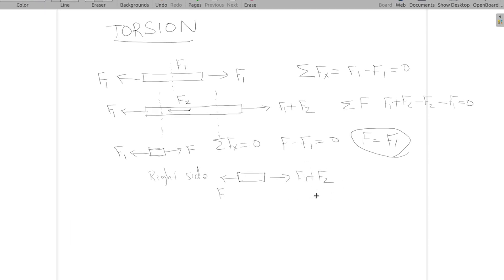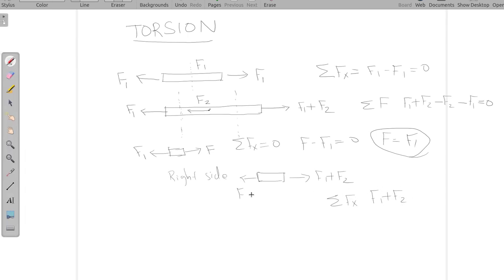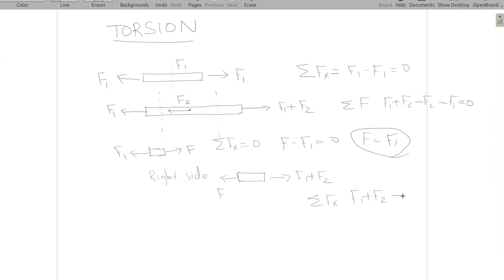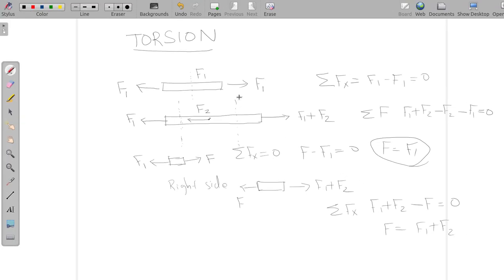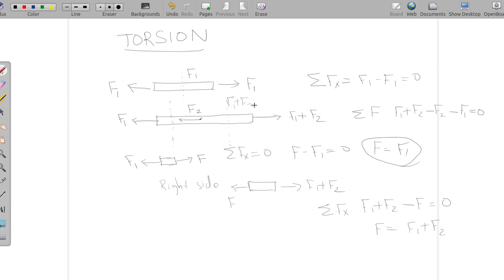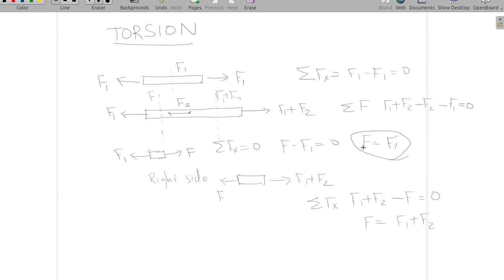Again, using the equations of equilibrium in x direction, F1 plus F2, and F is towards left, minus F should be equal to 0, which means that F is equal to F1 plus F2. So the internal force resultant here is F1 plus F2, and internal force resultant here is F1, which we have already found out.